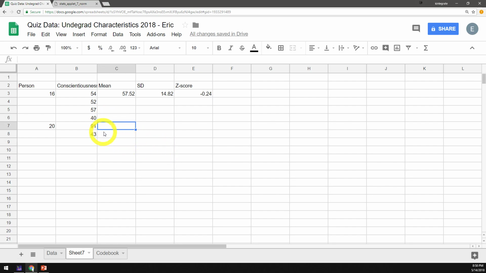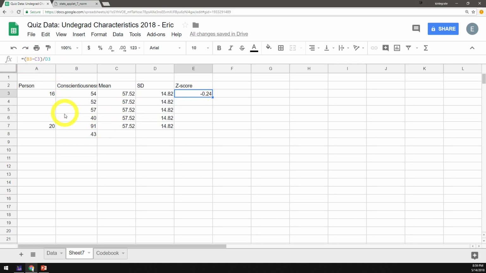The mean should be the same. If we remember, we're going to hit F4 to anchor the cell here. We don't really have to do that since it involves the entire row, but we'll just pull that down. This again, we're going to anchor by hitting F4, and then pull this all the way down. And with this, we're not going to anchor.